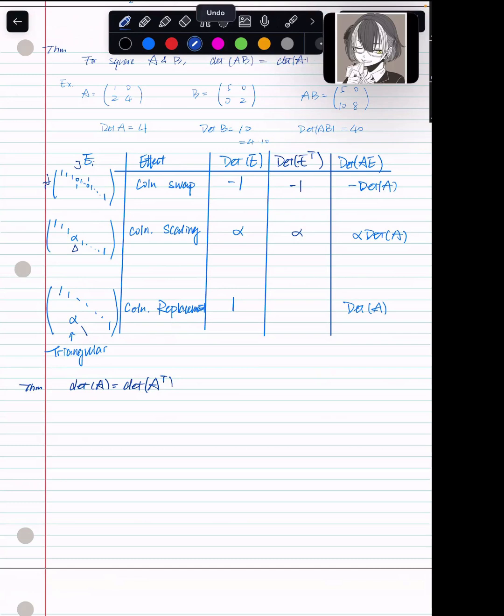So again, for the determinant we just take the product of the diagonal entries. It will still be 1, because the diagonal doesn't change. So from here we can see that at least the elementary matrices have the same determinants.